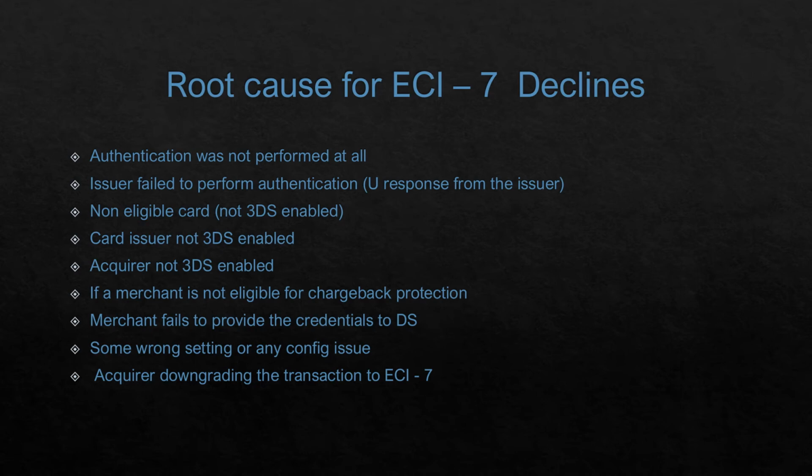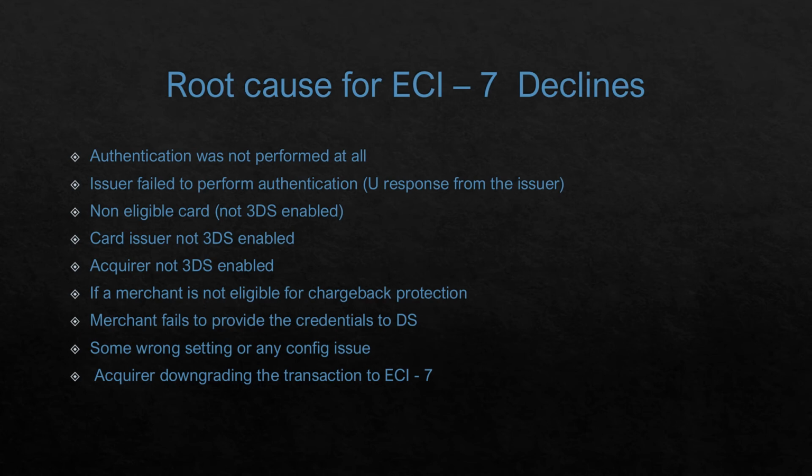Sometimes the acquirer did not receive the authentication details because of a network issue, or some firewall is causing a blockage, so the acquirer does not receive the credentials which the issuer should have transferred. In that case, the acquirer has the right to downgrade that unauthenticated transaction to an ECI 7.